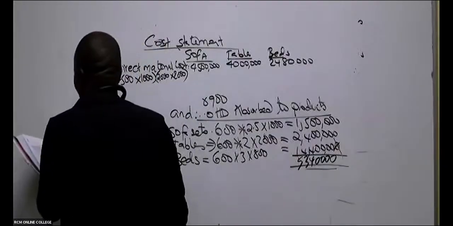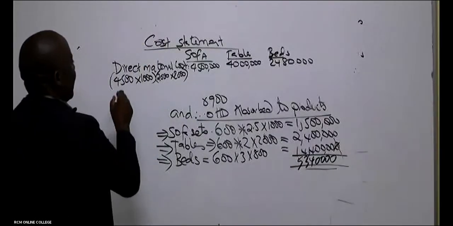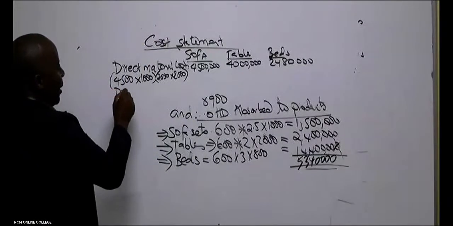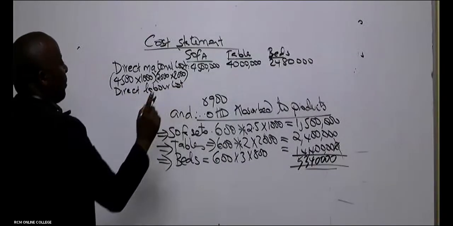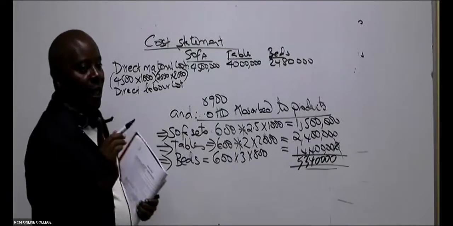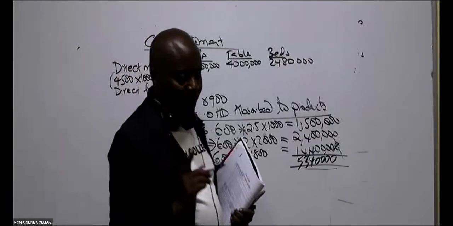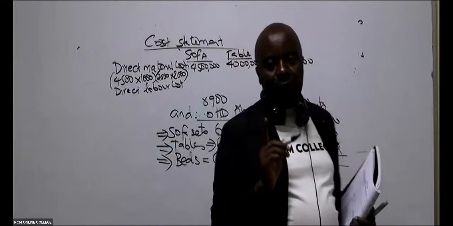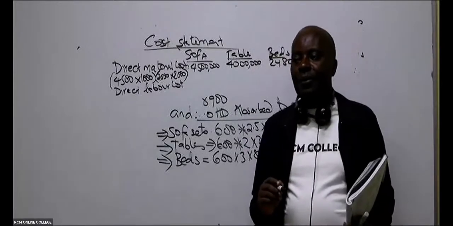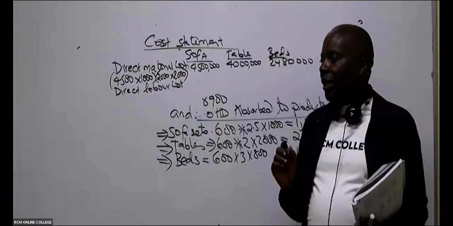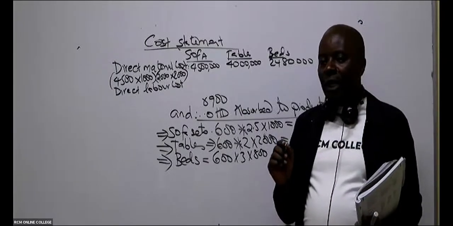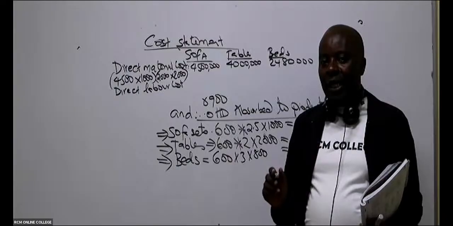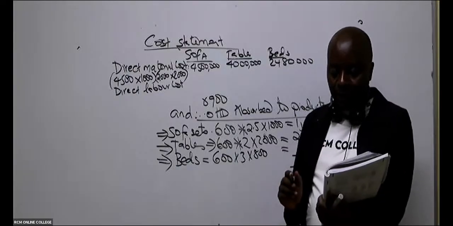From there, we go to direct labor cost. Is there somebody who can give me the direct labor cost for sofa set? I know direct labor cost is a function of labor hours and the labor rate.